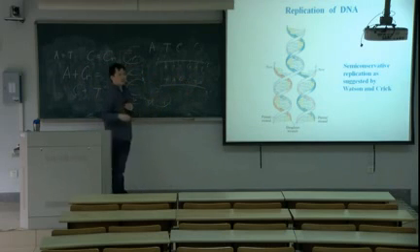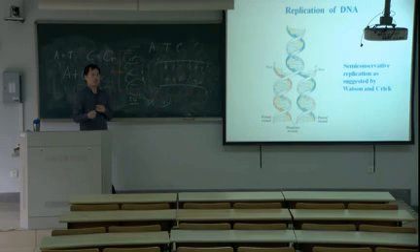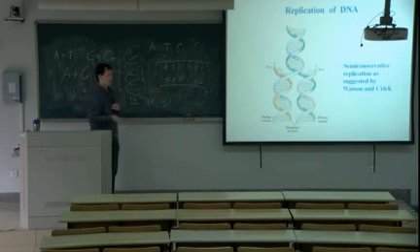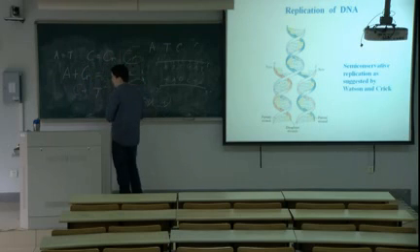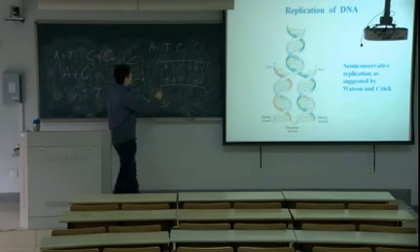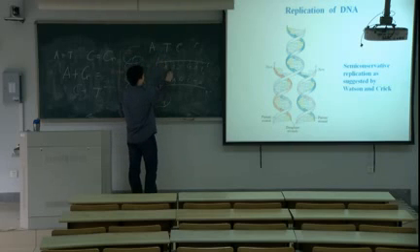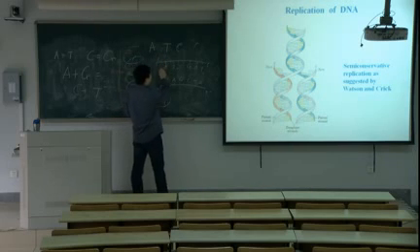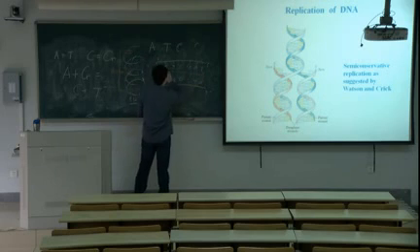And when you want to make a new DNA, basically you can do like this. You can take the two strands of DNA apart because they are bonded by hydrogen bond. It's not very hard to take them apart. After that, you can make a new strand here. The new strand has to go the opposite way. So this is 3', this is 5'.